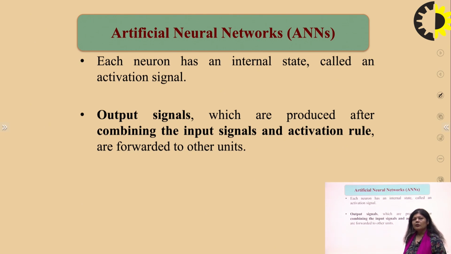Now, each neuron has an internal state which is called an activation signal or activation function, and we will shortly see what we mean by these activation signals and why we use these activation functions inside the neural model. Then the output is going to be produced, and the output is nothing but the combination of the input signal and the activation rule.